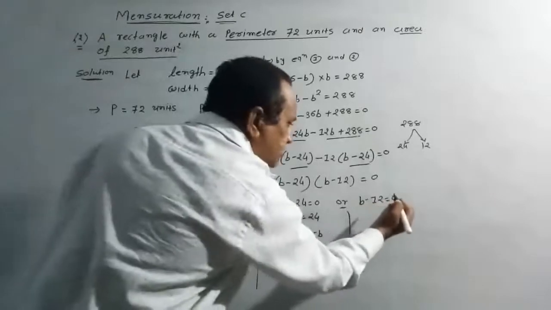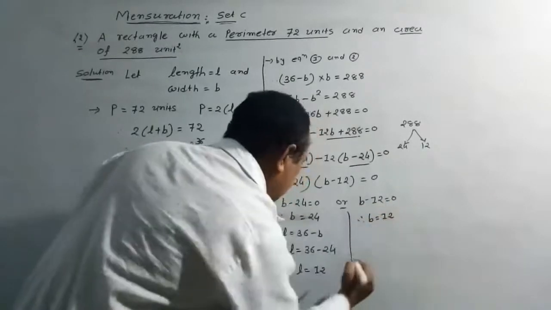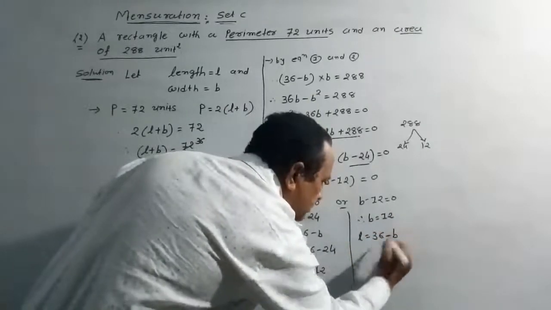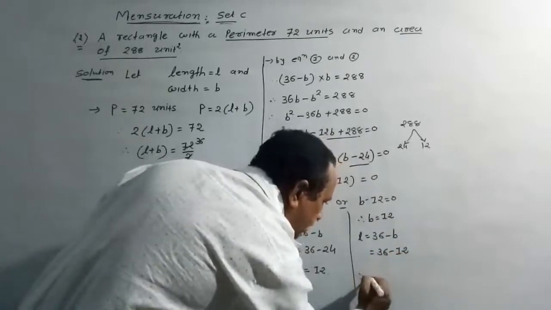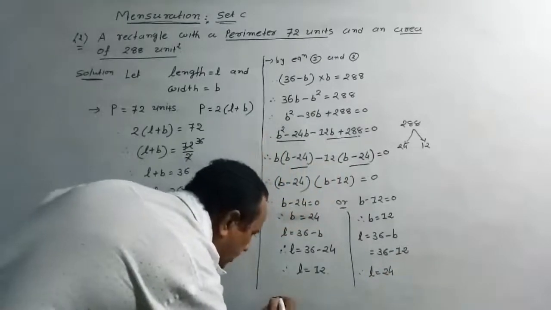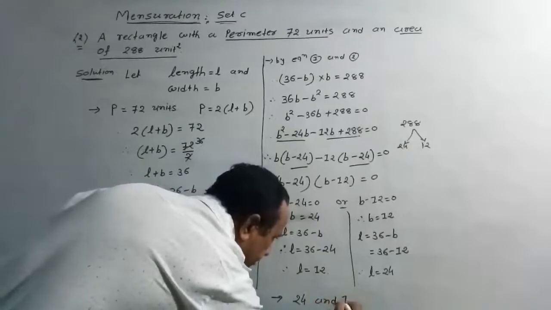Here B minus 12 is equal to 0, so B is equal to 12. Now L is equal to 36 minus B, put the value of B, 36 minus 12. So L is equal to 24. So our answer: 24 and 12 centimeter.